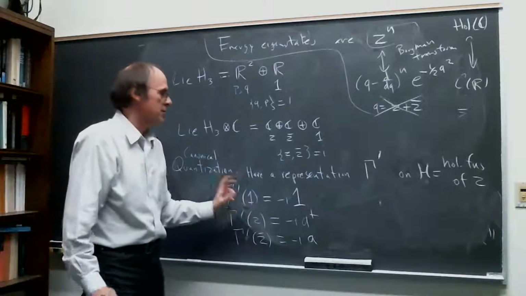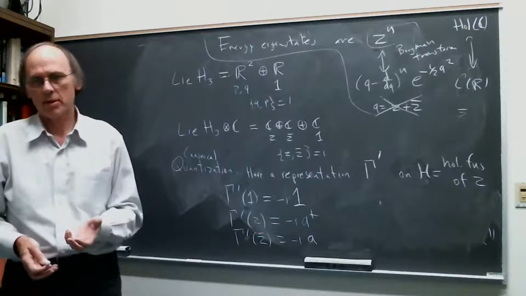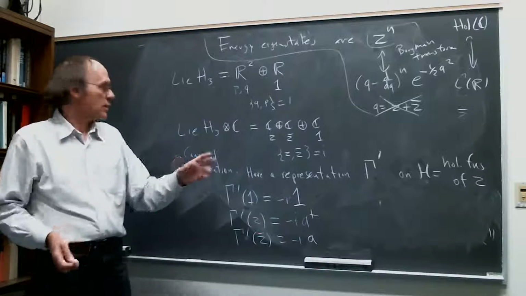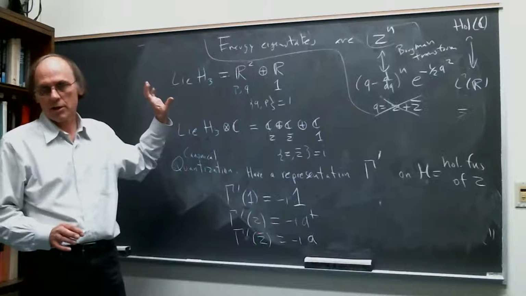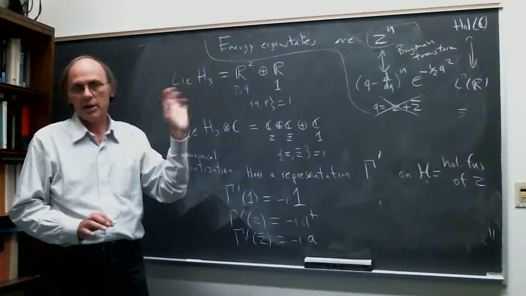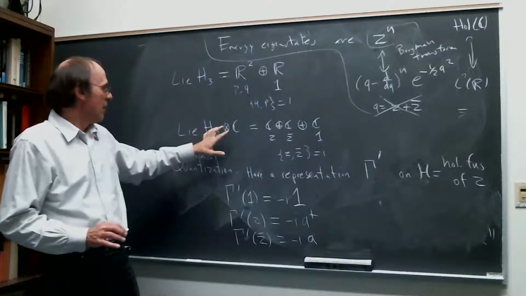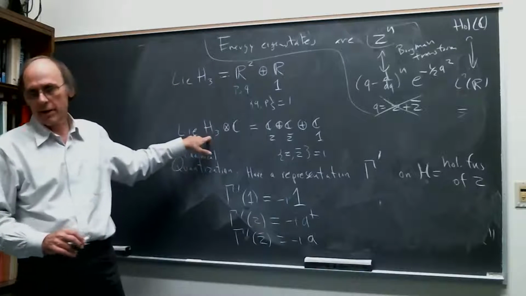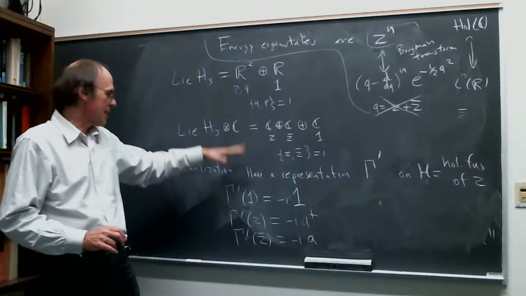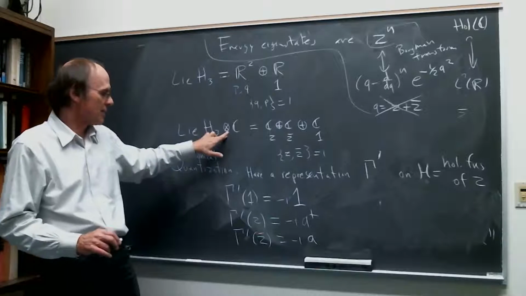Okay, and so the same story that I was telling you about how to think of canonical quantization as being just the construction of the one standard interesting infinite-dimensional representation of the Heisenberg algebra. Well, this is the same thing except the complexified Heisenberg algebra.